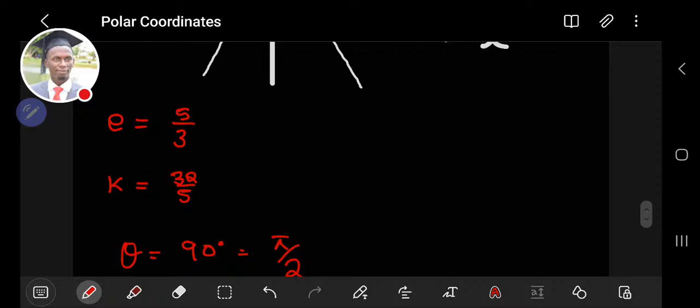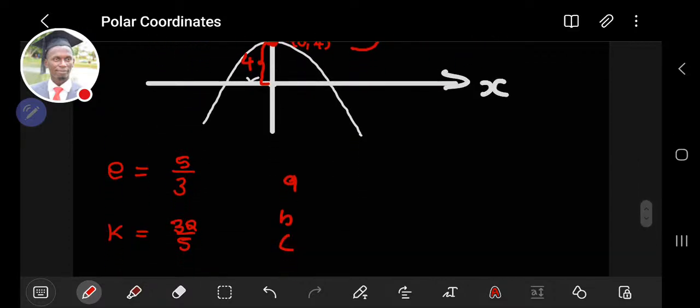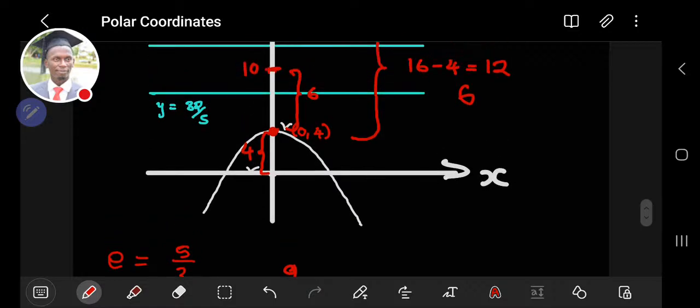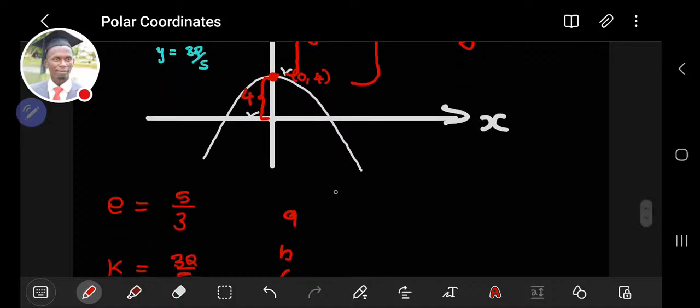We can easily get our A, our B, and our C by looking at our diagram. A is the distance from the center of this conic to the vertices, and in this case the distance is 6. So our A is 6.